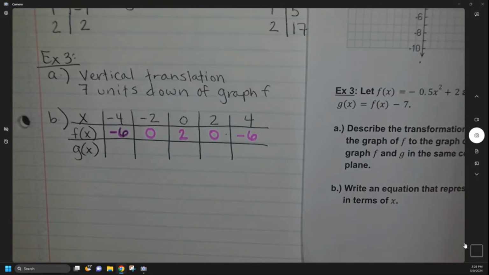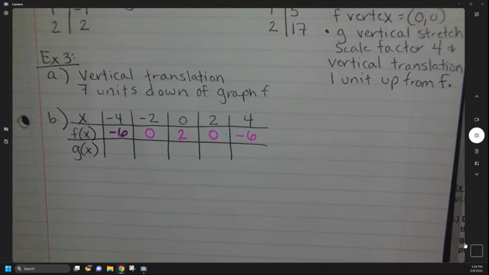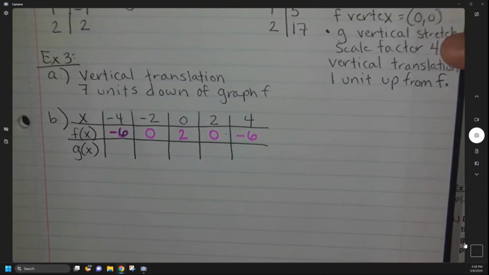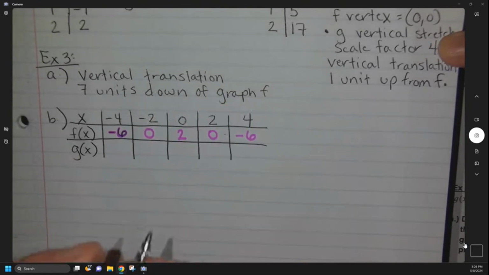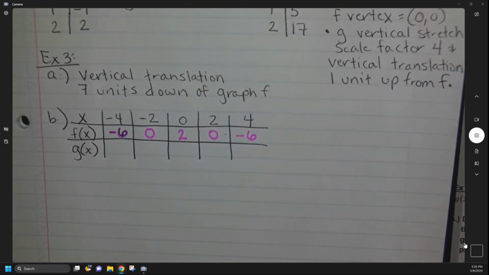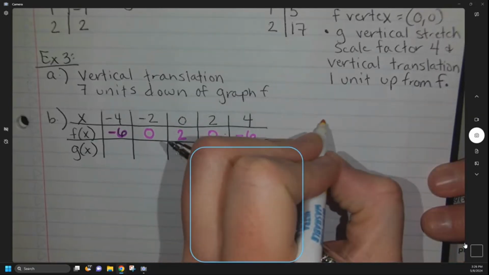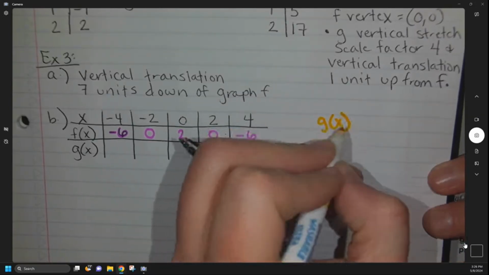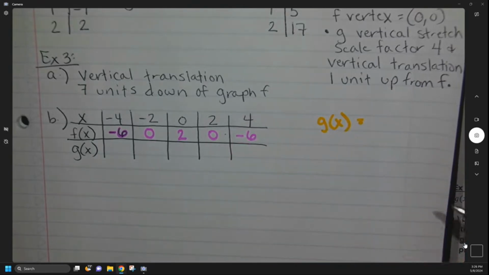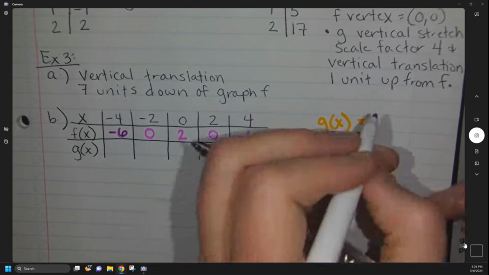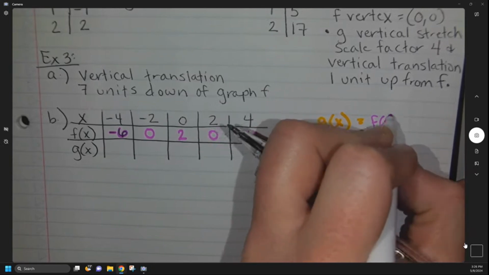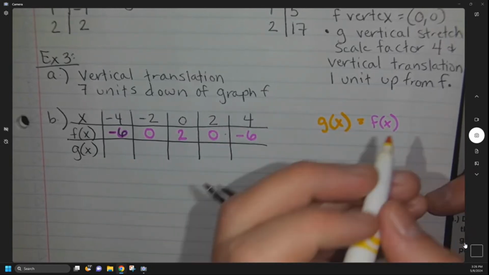All right, so for g of x, I want to just jot down for you and remind you of why we're going to get the points that we're going to get. So for g of x, let's just use this color. g of x equals f of x, okay? So whatever we got for our function of x, minus 7.